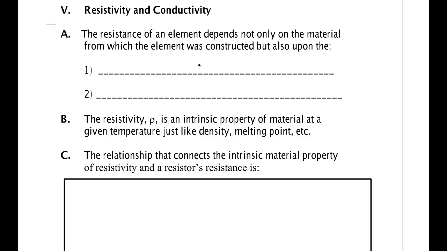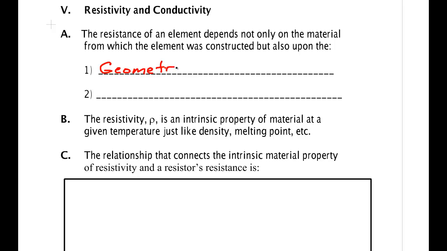So we want to be able to write things in terms of intensive properties, that is, things that don't depend on how much you have, so that we can put these inside of tables. Resistance isn't that way. It depends on the geometrical factors of which you make a resistor out of. So it depends on geometry, that is the length and the area.